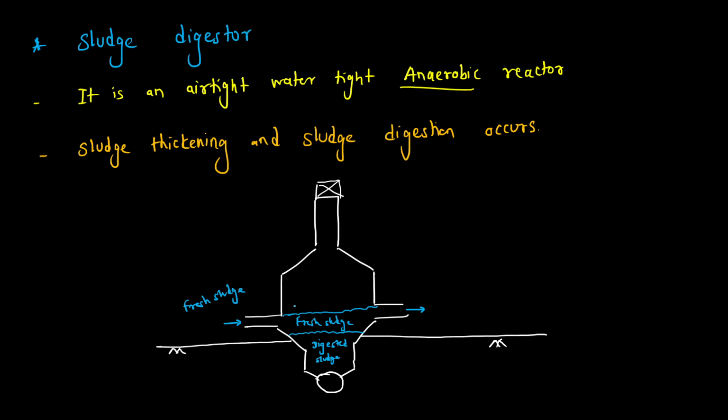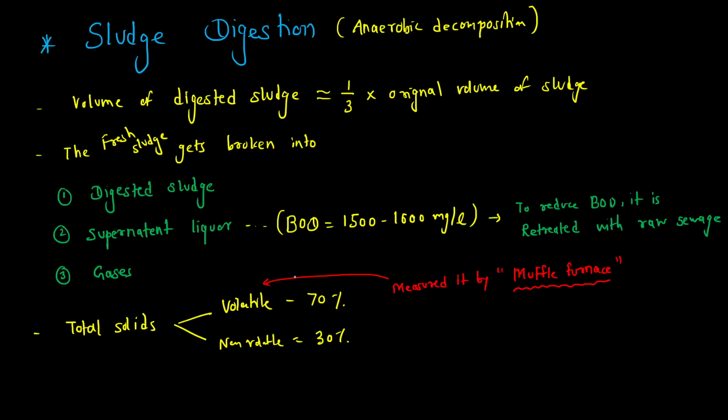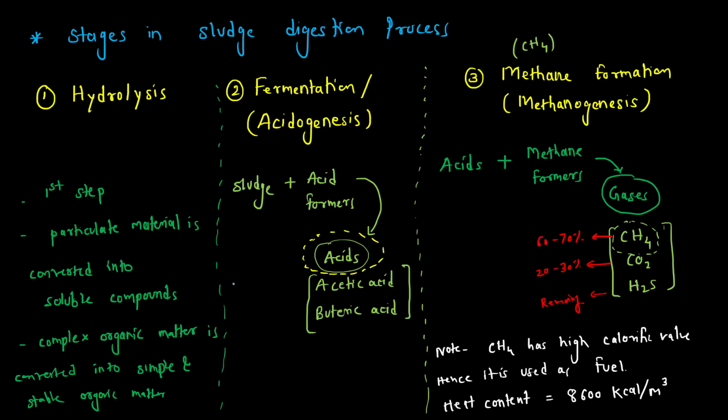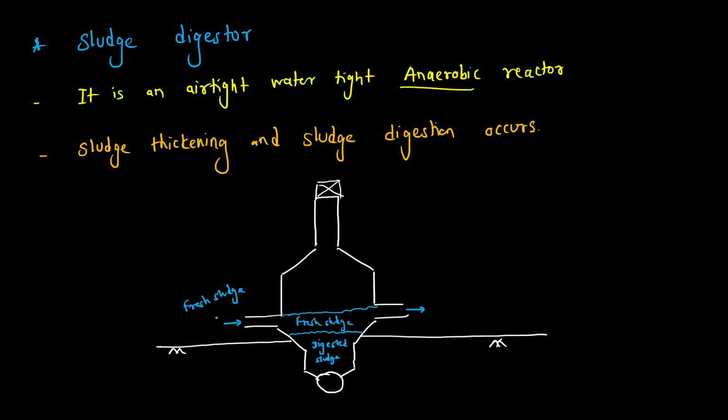From this fresh sludge we are getting two outputs that we have seen. The fresh sludge is broken into digested sludge, supernatant liquor and gases. This fresh sludge which is coming inside is getting digested. This is one part. The second part is in terms of gases.